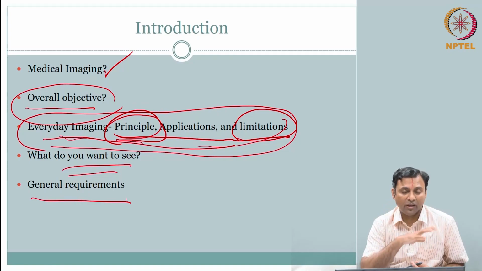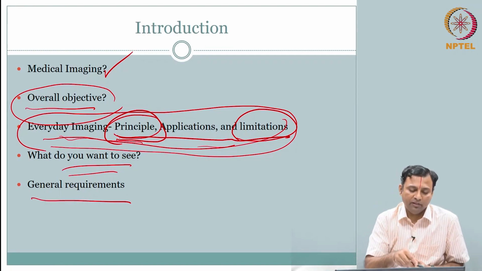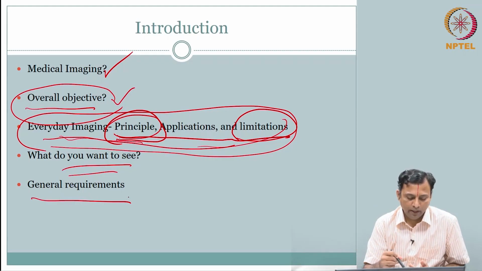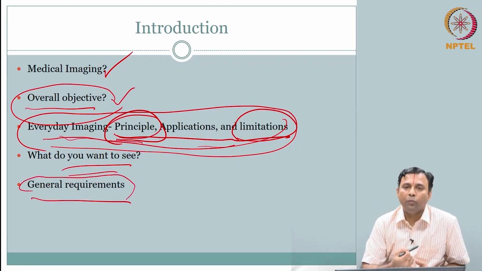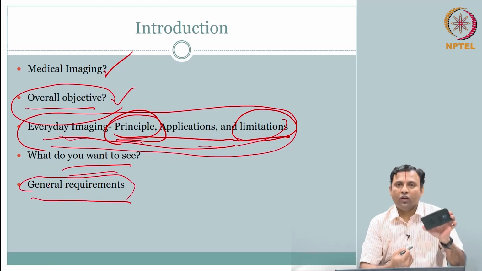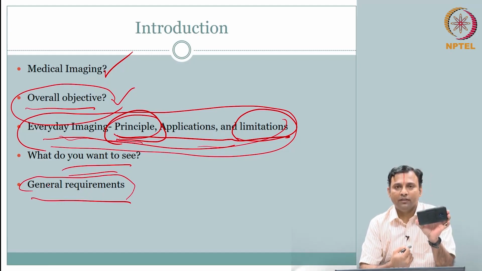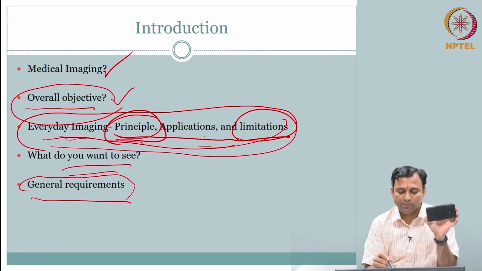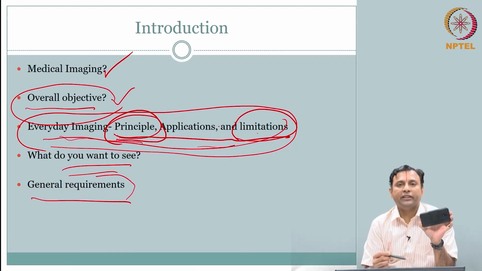He's talking about different modalities, we go into the detail, and we know the overall objective. So what would be the general requirements for an imaging system? We talked about one example imaging system that you are very familiar with, with all the aspects of principle, application, limitation.